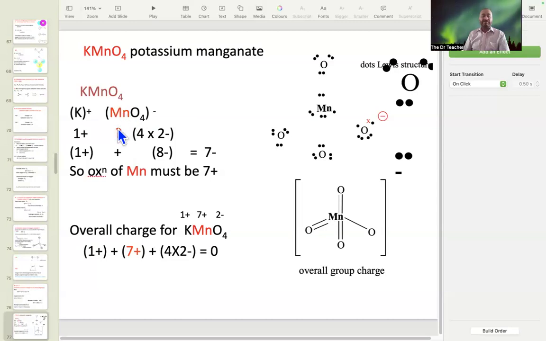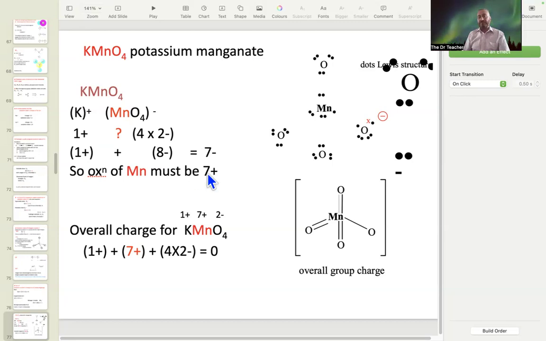Manganese is missing, let's say it's unknown, and we have +1 for the potassium. So now, +1 and -8. What's the difference between -8 and +1? It is 7, so the oxidation number for the manganese will become +7.